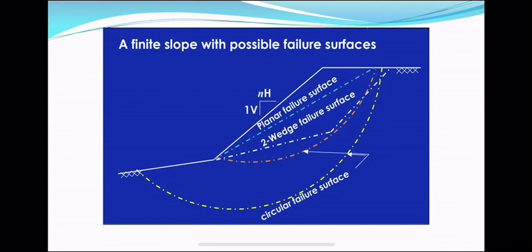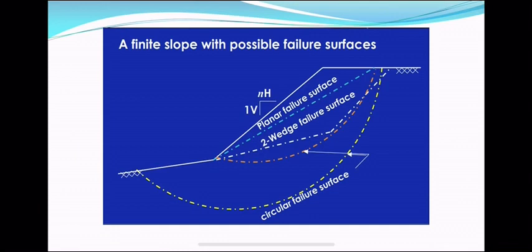So in this case, for a cross section of a finite slope, a typical planar failure surface is shown in the figure, and then a two-wedge type of failure surface is shown. It is said that in an earthen dam with a sloping core and a potential plane of weakness, the two-wedge failure mechanism can come.